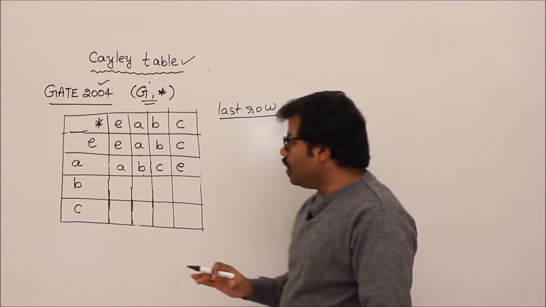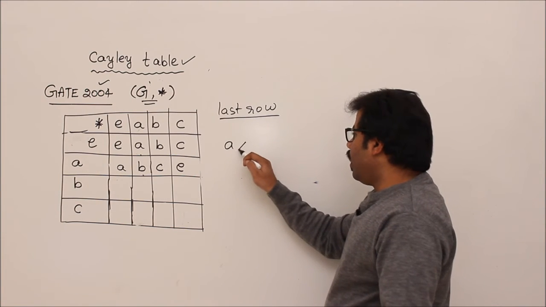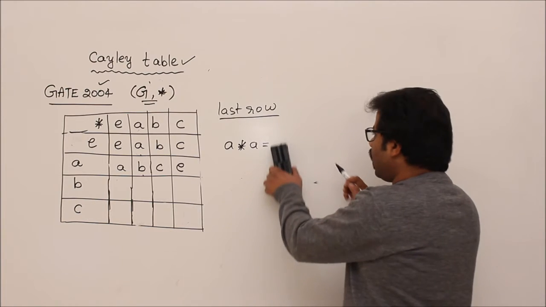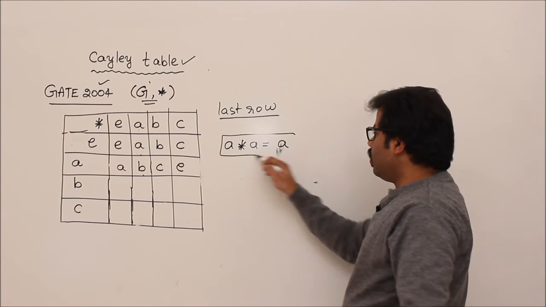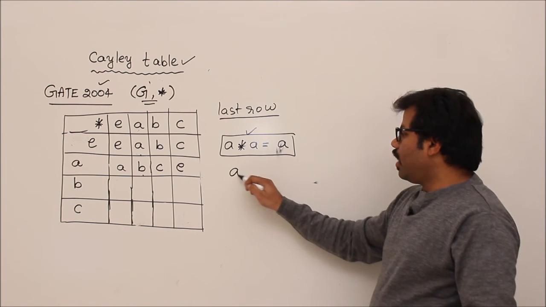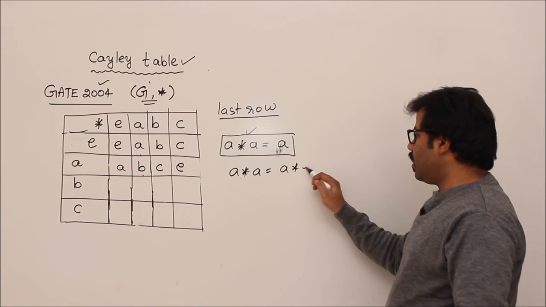Now, what I do is, first of all, I try to identify the identity element. Remember one thing, I told you a theorem. Whenever A star A equals A, then definitely A is an identity element. Okay. Why? I can easily prove that if A star A equals A, then A star A equals A star E, correct?